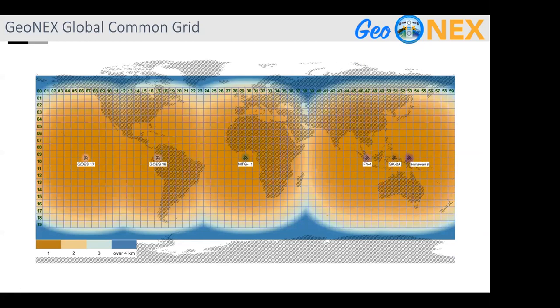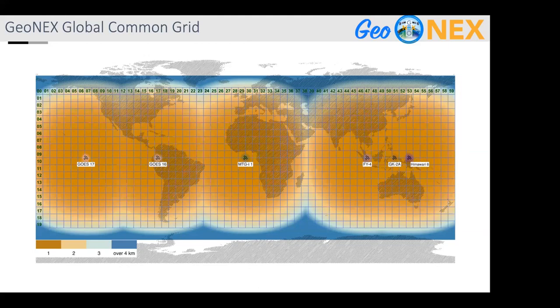All right. Okay, so now I have been emphasizing we want to do global data sets. So that's why we have to pick a global common grid. This one is what we decided for our GeoNEX global products. It's very simple. Geographic projection, starting from 180 west longitude and going all the way around the globe to 180 east, right?